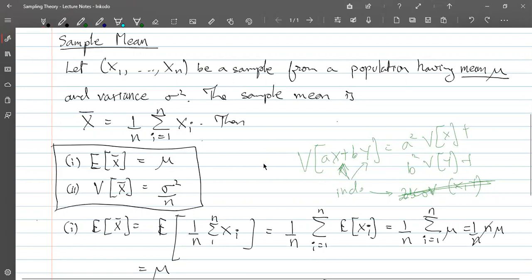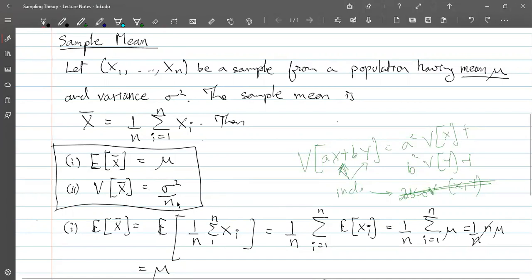Further, what does the variance tell you about the random variable? How much the data is spread out, right? So again, x bar has variance sigma square by n, which means not only is the average value of x bar going to be mu, also the deviation of this actual value of x bar from this mean value, which is equal to the population mean, is going to be proportional to this sigma square by n.